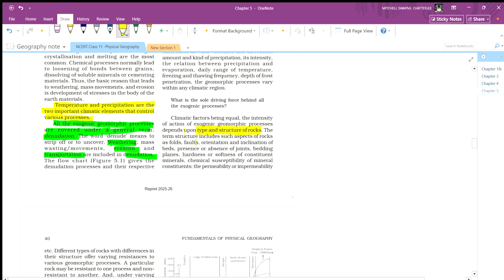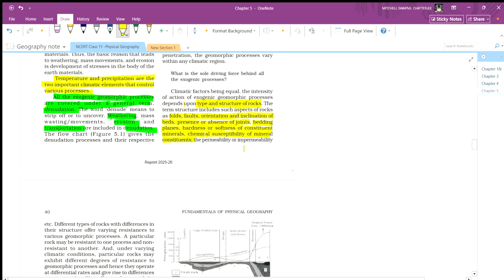The term structure includes aspects of rock such as fold, fault, orientation, inclination of bed, presence or absence of joints, bedding planes, hardness or softness of the constituent minerals, chemical susceptibility of constituent minerals, and permeability and impermeability.